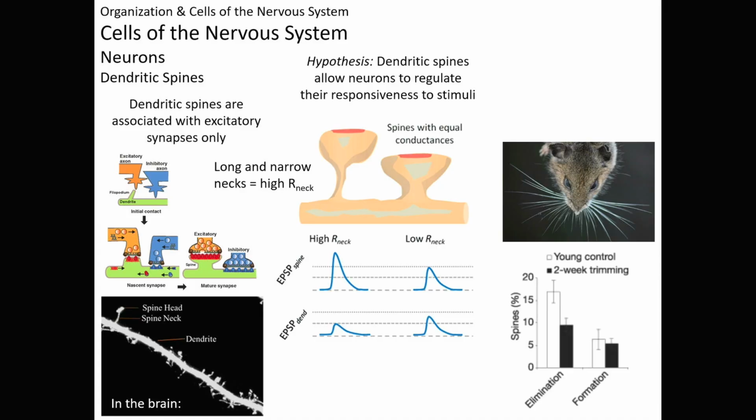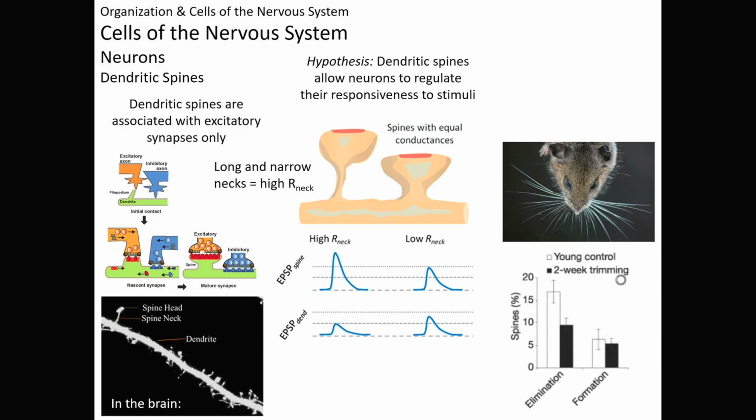So what they were trying to do by this whisker trimming was decrease the tactile sensory input into these mice, reduce their capacity to detect tactile information in their environment.